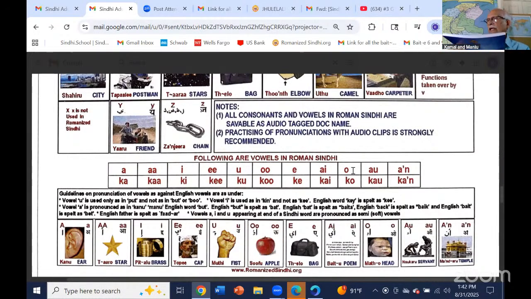Kitabu is masculine. Phone. Phone is masculine. O. Matho is masculine. Now, in the body parts, matho is masculine.